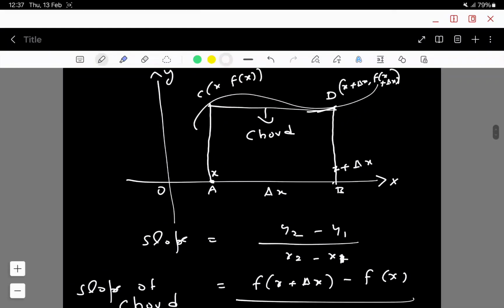Next, I decrease the length of delta x. The new position is this point. I am taking this as B dash. So now the chord is like this.